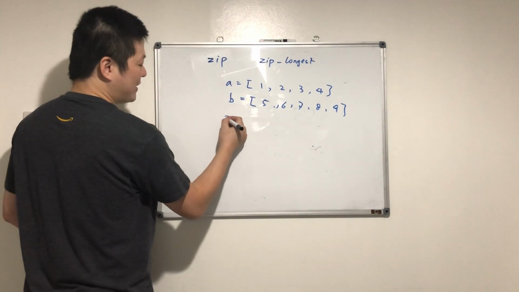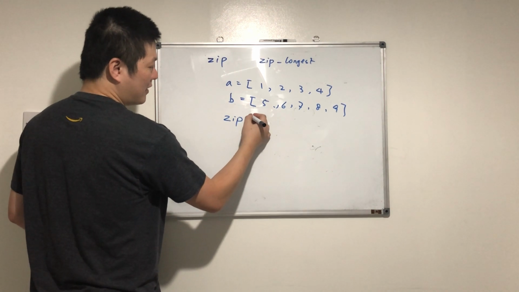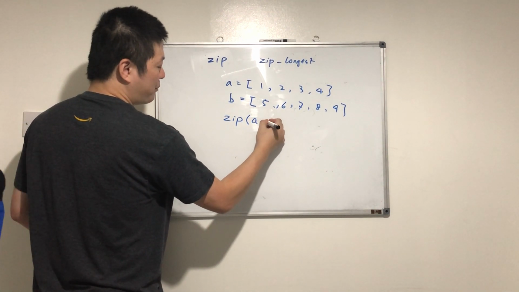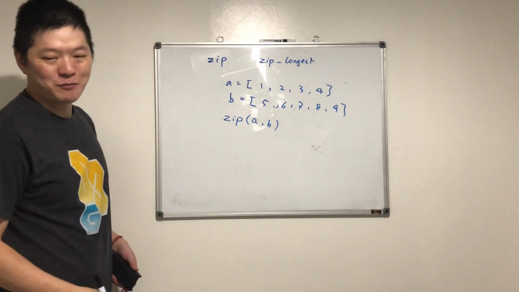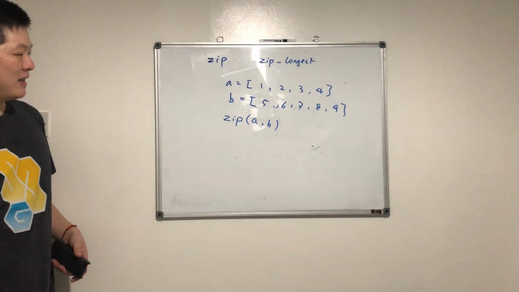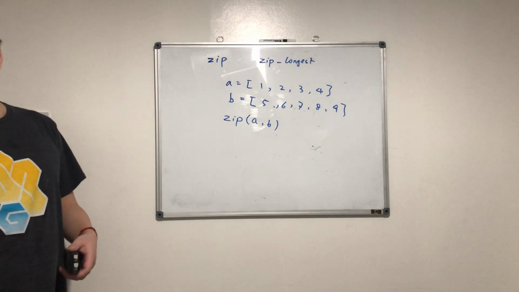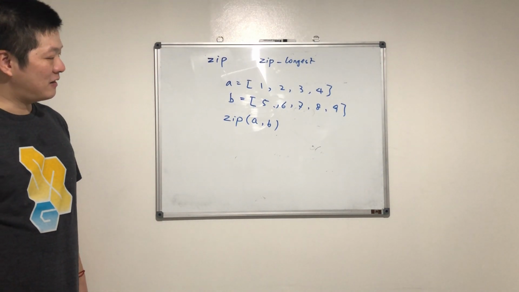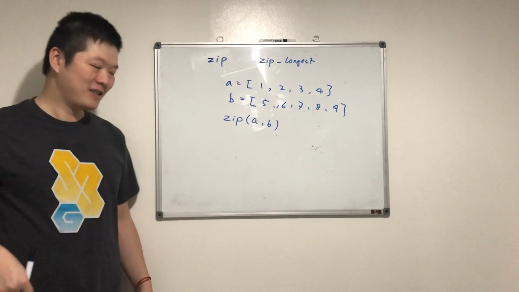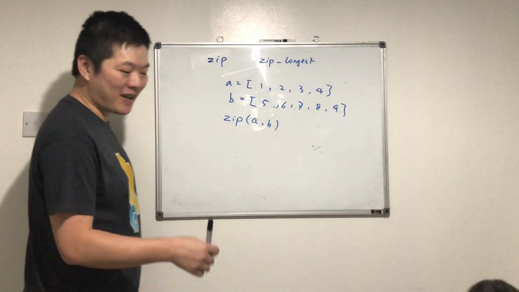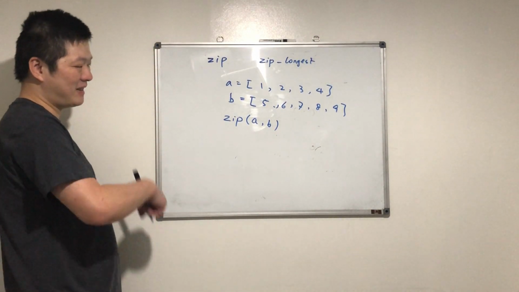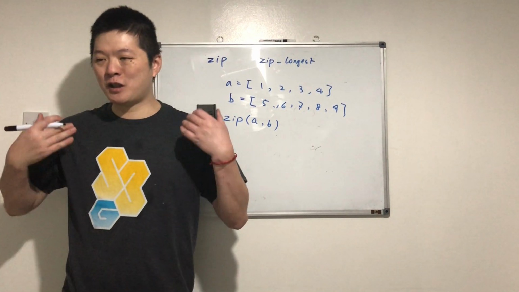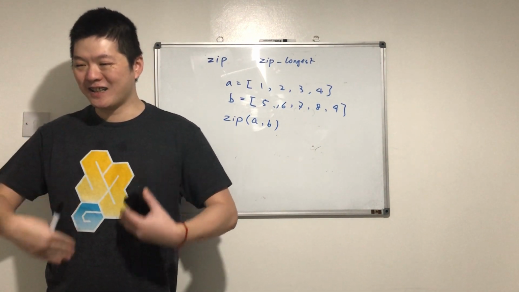So we have zip A, B. What does it return? Can you make a guess? What does zip do? What's zip? The two sides meet each other, yeah?